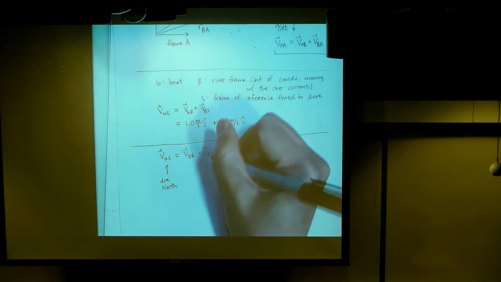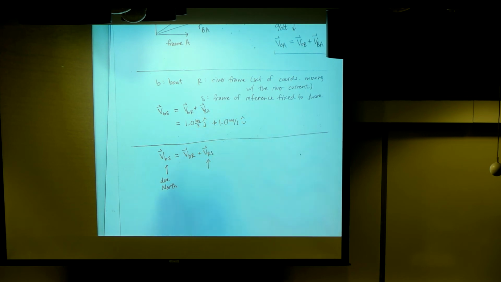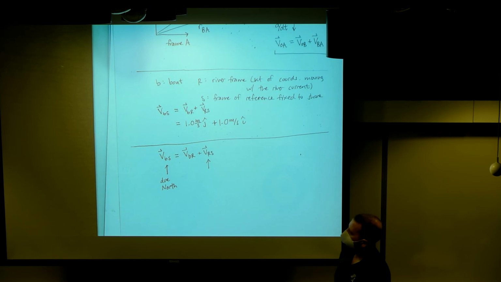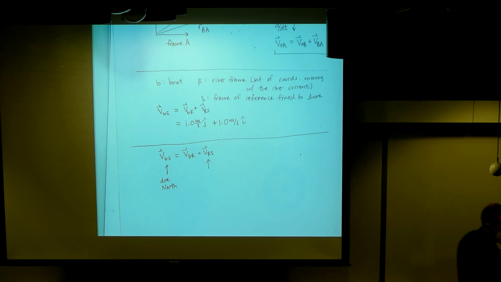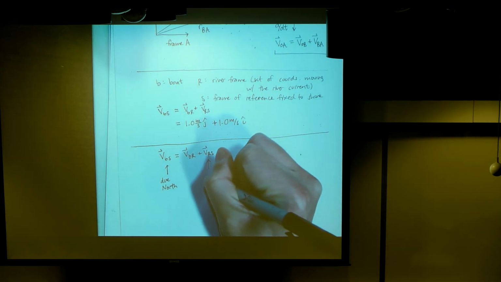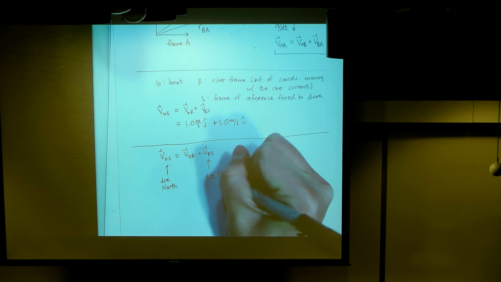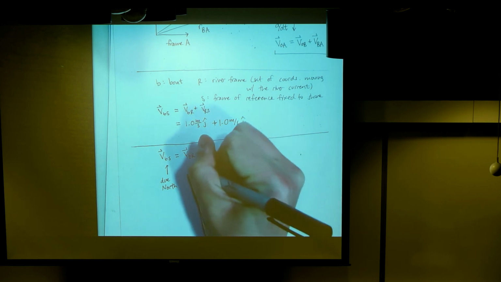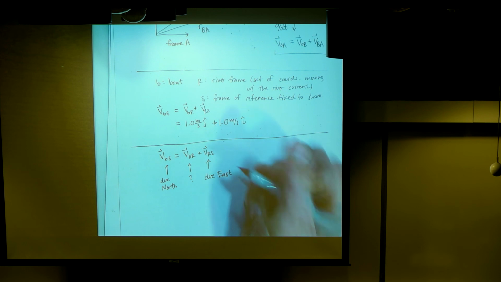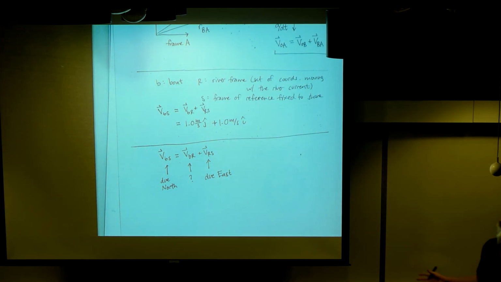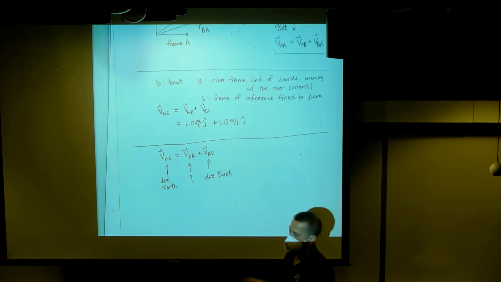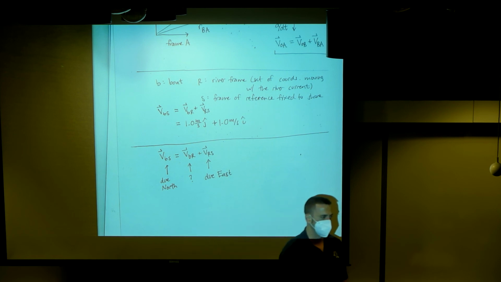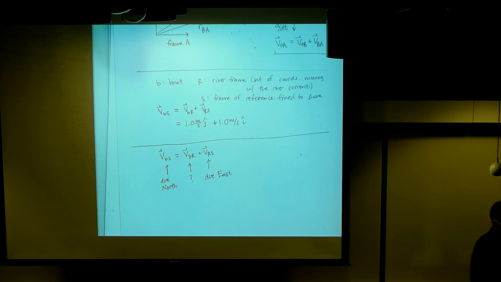What about this guy, VRS? What direction is that pointing in? That's due east, right? And then this one, I don't know what direction it's pointing in. That's what I'm trying to find out, right? That's going to tell me how to angle my boat to fight the current just the right way that I go straight across.